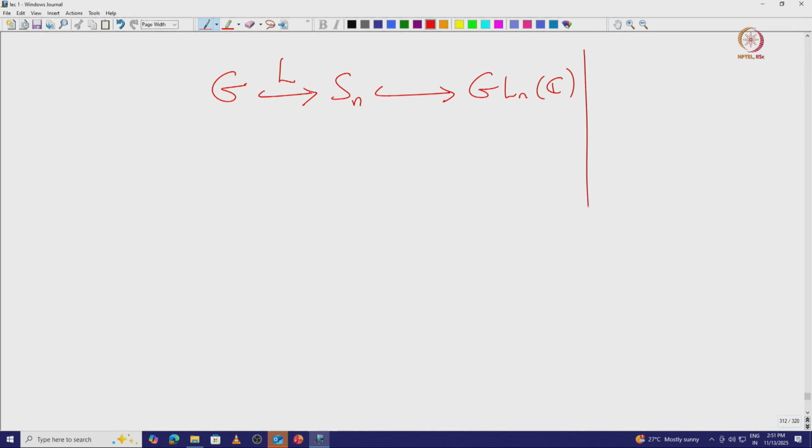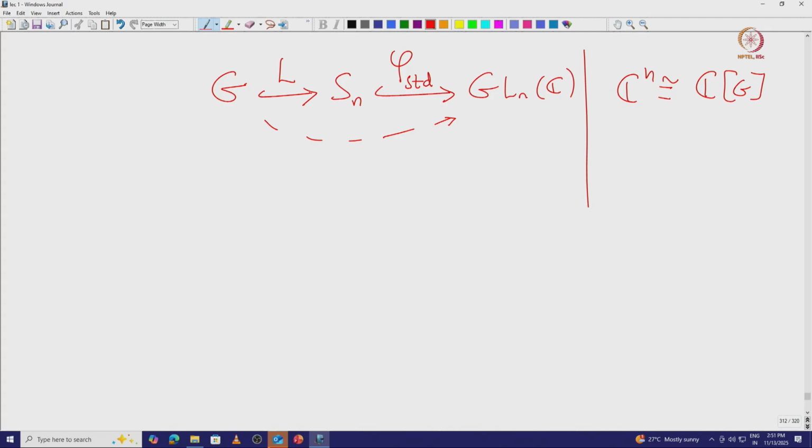Note that this Cn we can identify as a vector space with CG, the vector space over C spanned by the elements of G. In particular G is the basis. Because of this identification, we have a natural composition map, phi standard composed with L, which gives us the action of G on CG. That is what we call the regular representation.